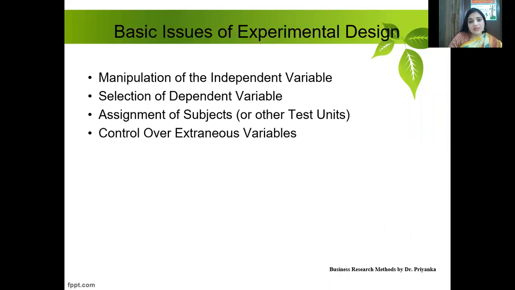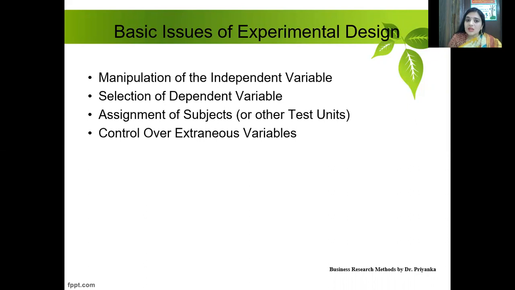Then control over extraneous variables. We discussed in detail what extraneous variables are and how to control them. Extraneous variables are those variables which directly or indirectly impact the result, distorting the result of the experiment which we might want to observe, because we are trying to manipulate the independent variable to check its impact on the dependent variable, but we get to see some impact of other variables as well.